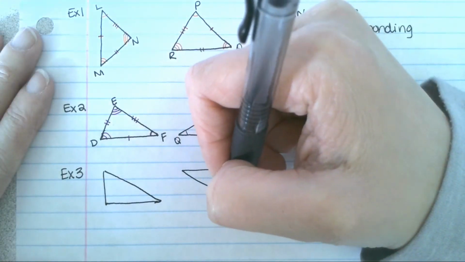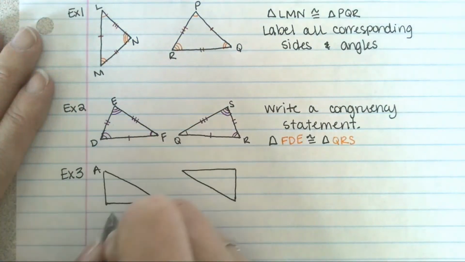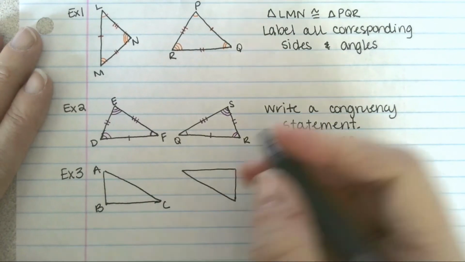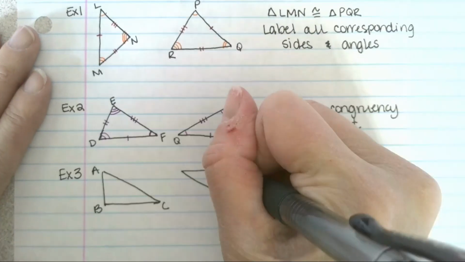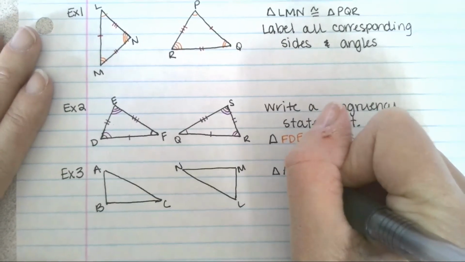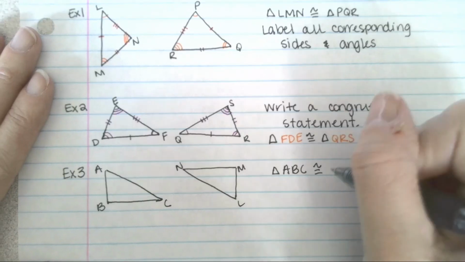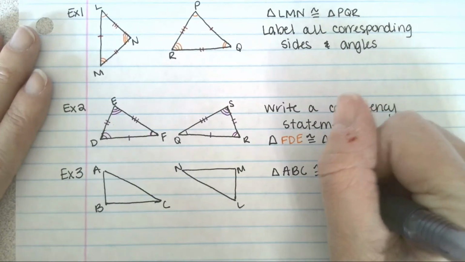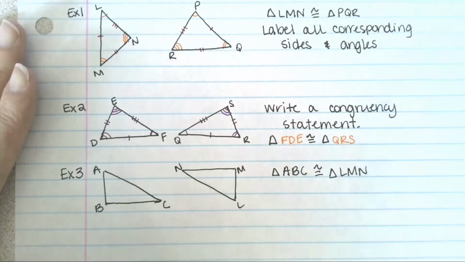So here are my two triangles. I have ABC and LMN. So triangle ABC is congruent to triangle LMN. Here are your markings.